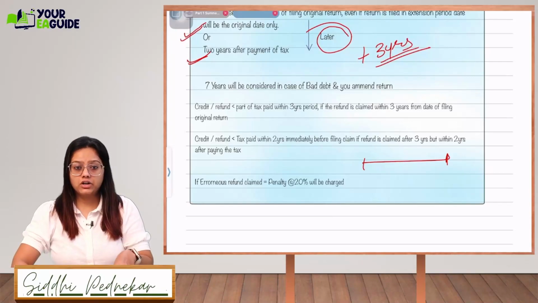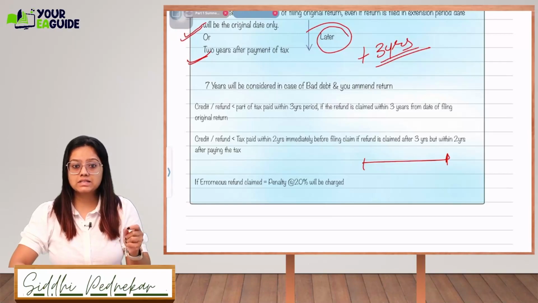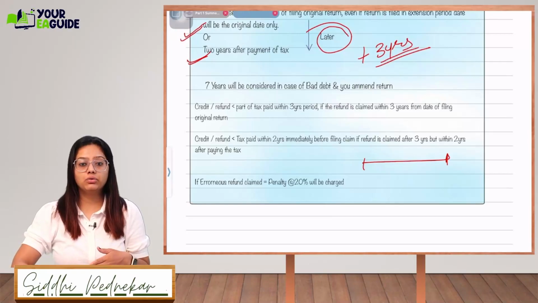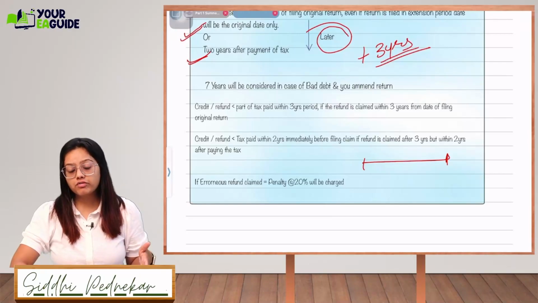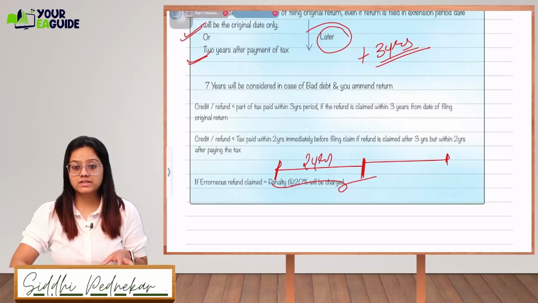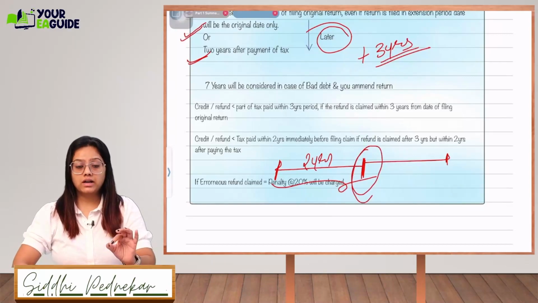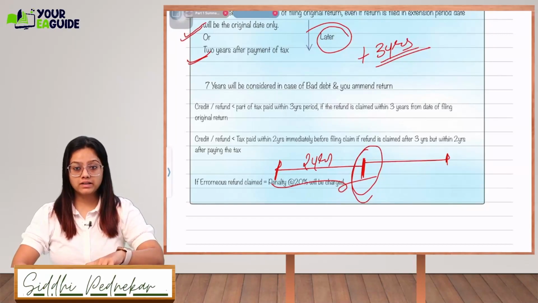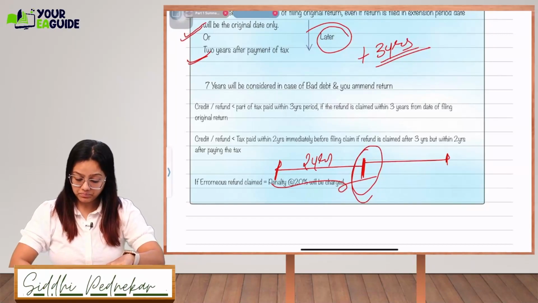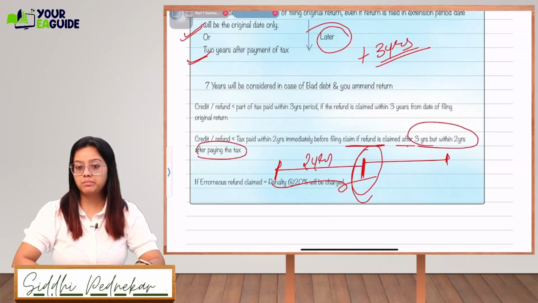Okay, so if the credit or refund which you are applying for is less than the taxes which you have paid within 2 years immediately before filing the claim. Let's say you are filing the claim here, so back calculate the 2 years, check how much total amount of taxes you have paid, and check that if the taxes paid within this 2 years before filing the claim is claimed, if refund is claimed after 3 years but 2 years after paying the tax.